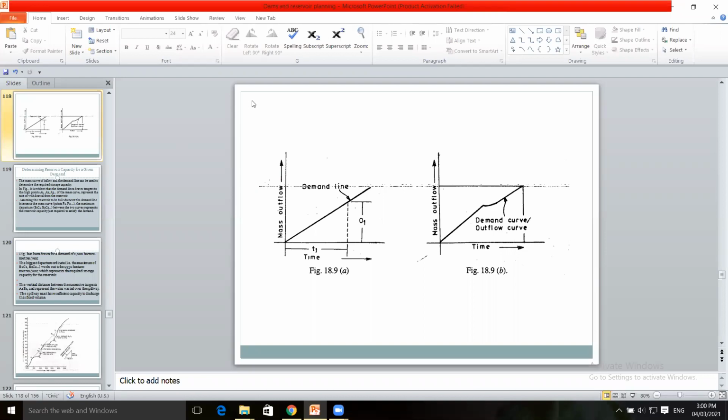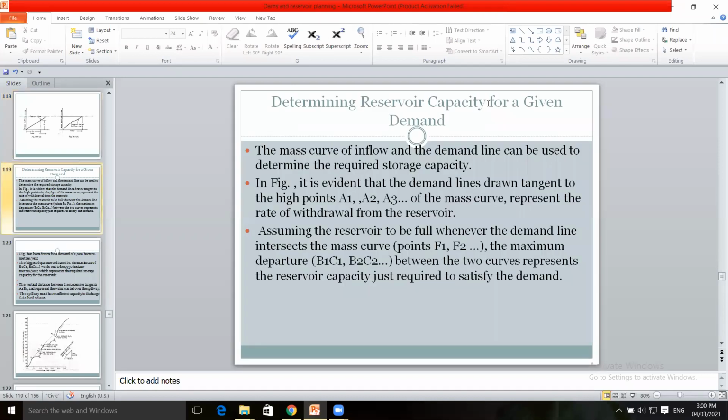They may ask for the determination of reservoir capacity by mass inflow curve and mass outflow curve for 6 to 8 marks. You have to write step by step, and you have to draw this graph. Here we will stop. In the next lecture, we will see the determination of reservoir capacity by knowing the given demand.